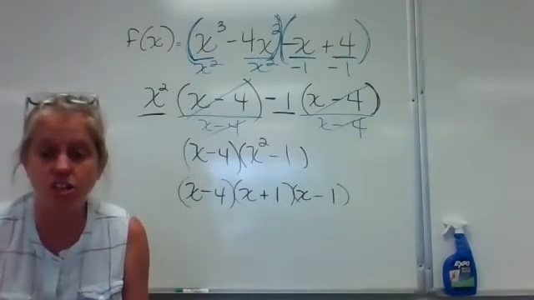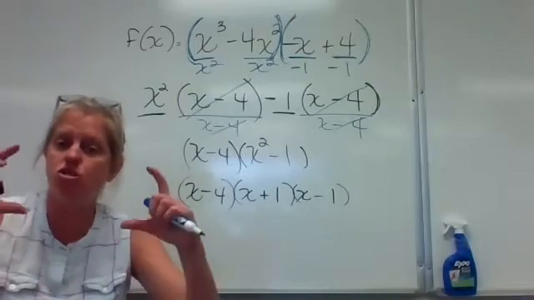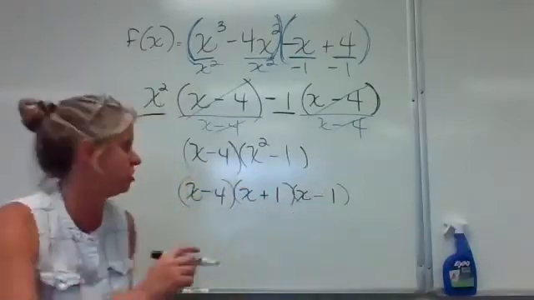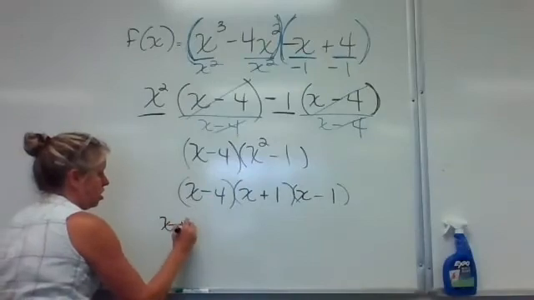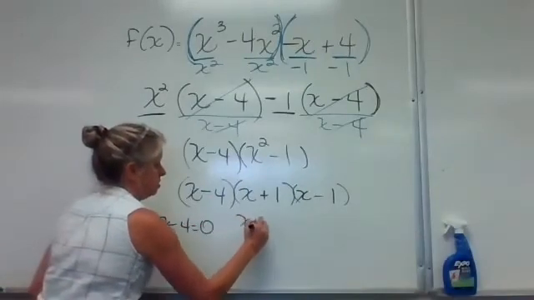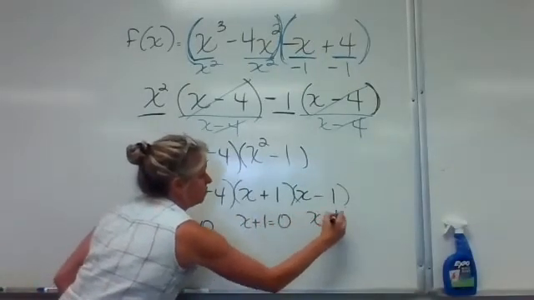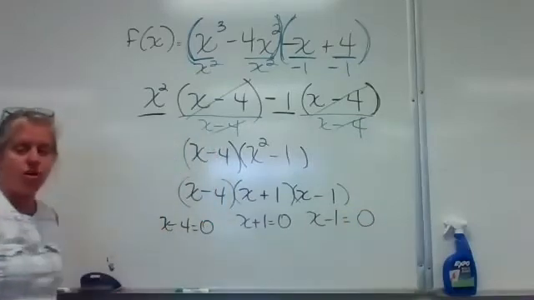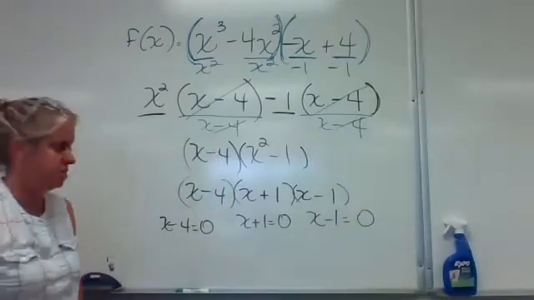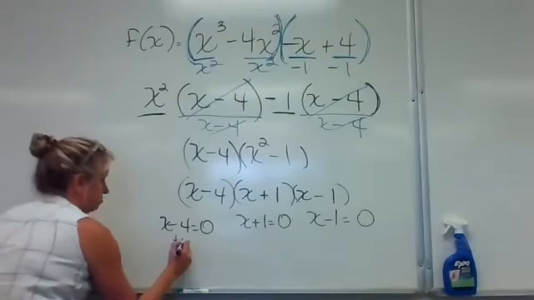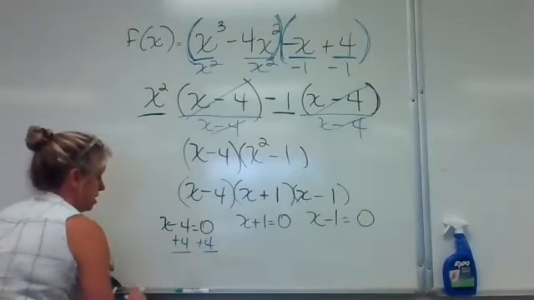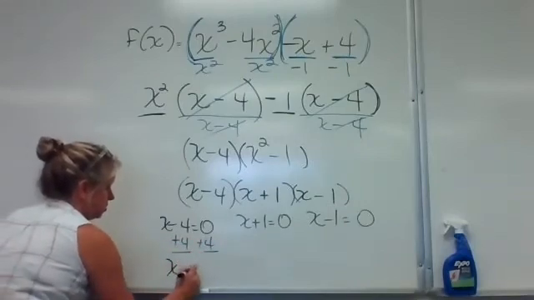So there's my factors. It wants to know what are the zeros. So once you have your factors, you just set them all equal to 0 and solve them for x. So here I would add the 4. So x equals 4.